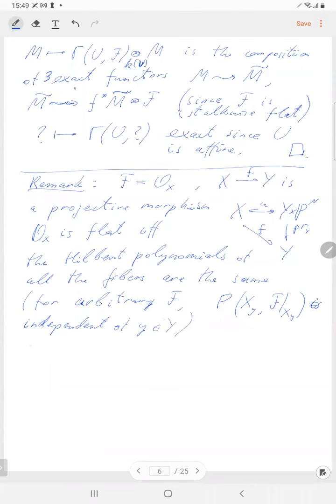So in particular, O_X is flat implies that the dimension of all the fibers is constant.